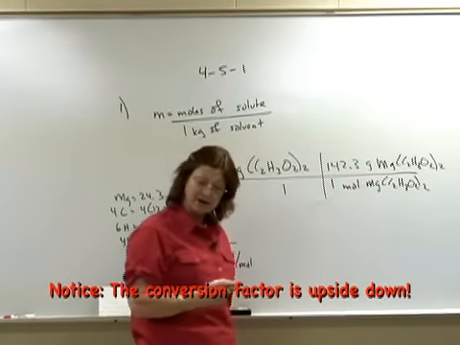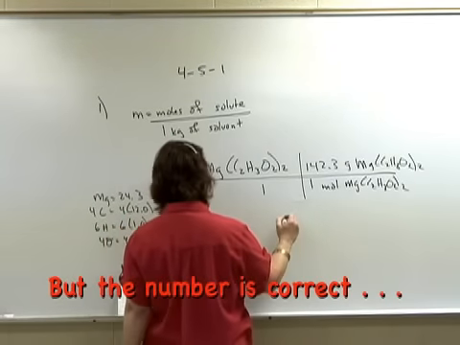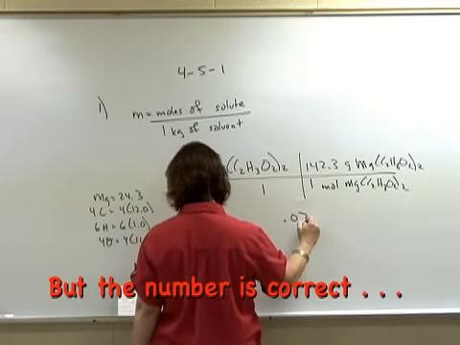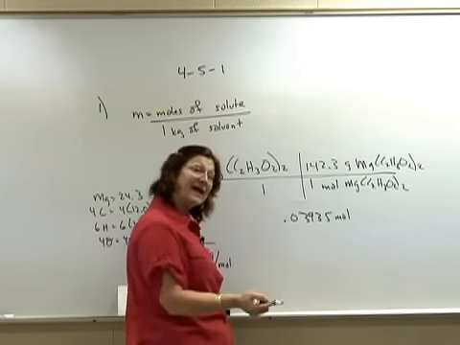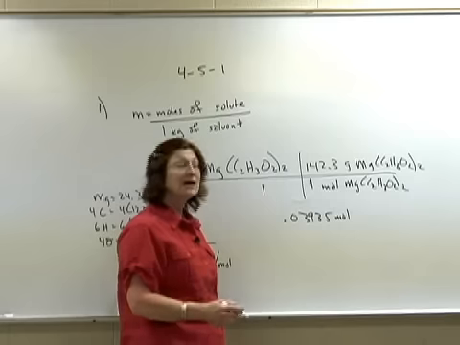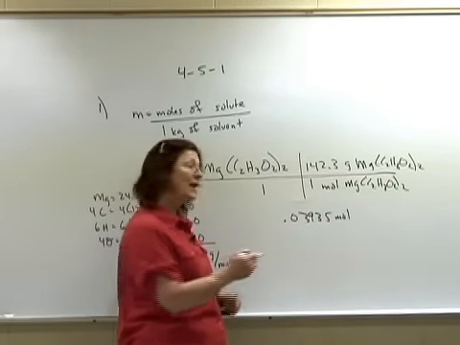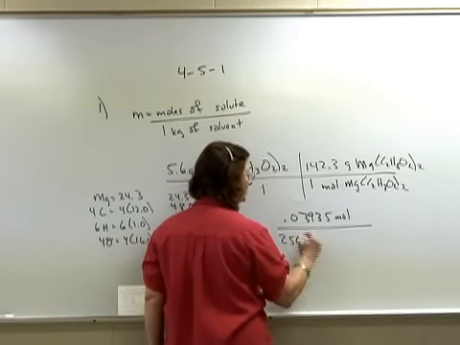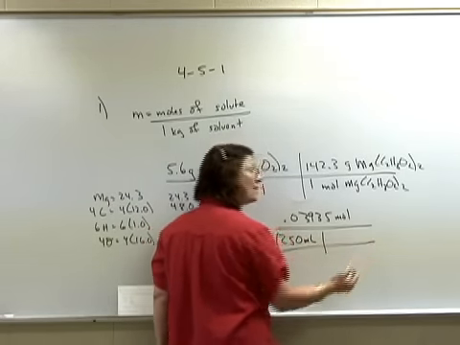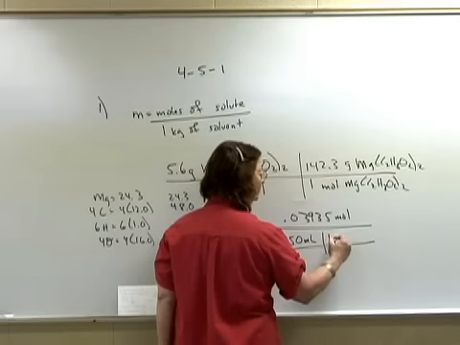And when I do the math here, I get 0.03935 moles. And to get molality, I have to divide it by the kilograms of solvent. Well, I have 250 milliliters. And you'll recall that 1 milliliter is 1 gram for water.